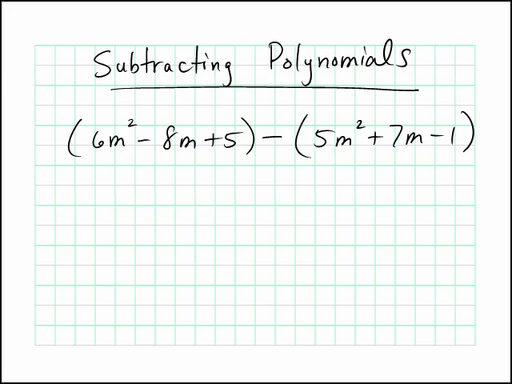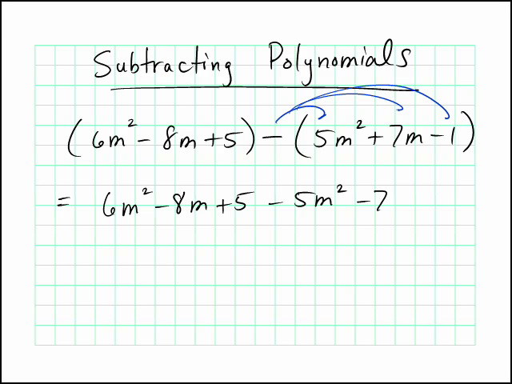Now when subtracting polynomials, you just have to be careful to distribute the negative sign into the parentheses like that. So this now is 6m squared minus 8m plus 5 minus 5m squared minus the 7m, and this is now plus 1.